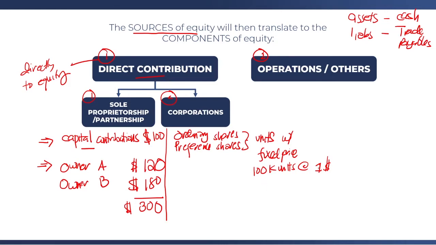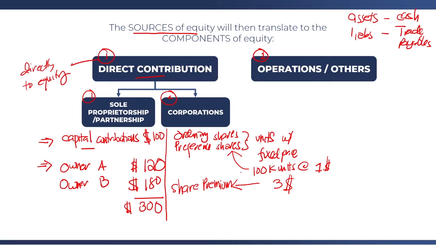However, you have to remember that corporations can be valued more than the par value or this value of $1. So you can actually pay more. For example, for one unit, even though it is priced at $1, you can pay for $3 per share. So the $1 will go to ordinary shares or your preference shares. And then the $2 will then go to share premium. That's the third component that I want to discuss.